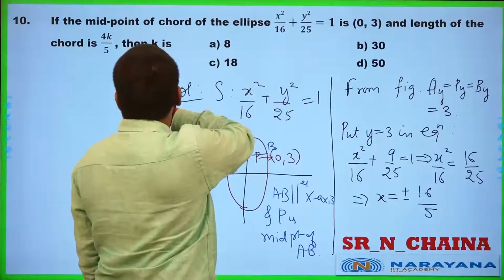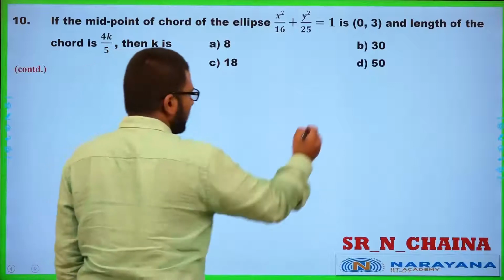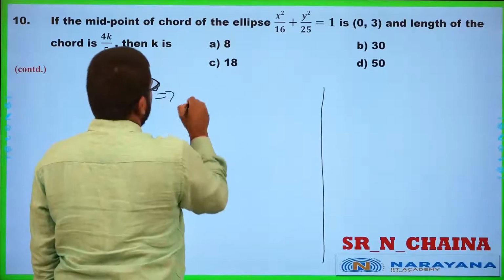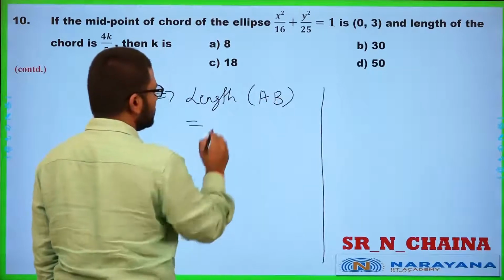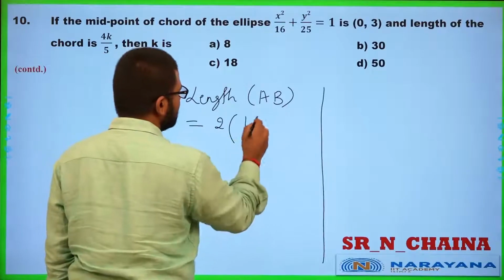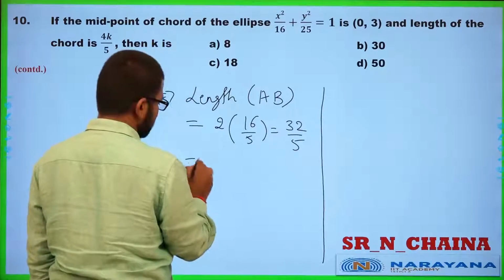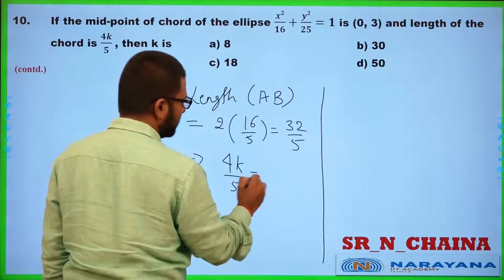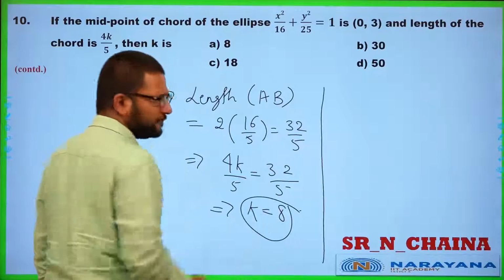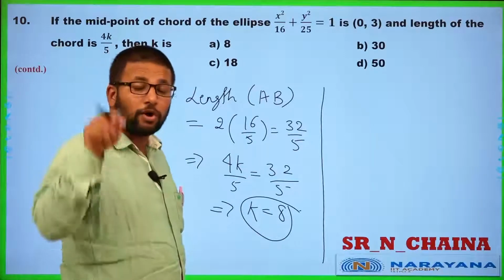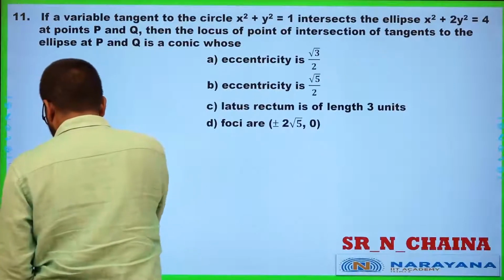We need to find the length of the chord, which means the length of AB would be 2 times the x coordinate, right? Which is 2 times 16 by 5, which is 32 by 5, and it is already given to be 4k by 5, which means k is equal to 8. Correct? All you have to do is draw everything correctly. If you do that, you will get everything properly, right? Okay.